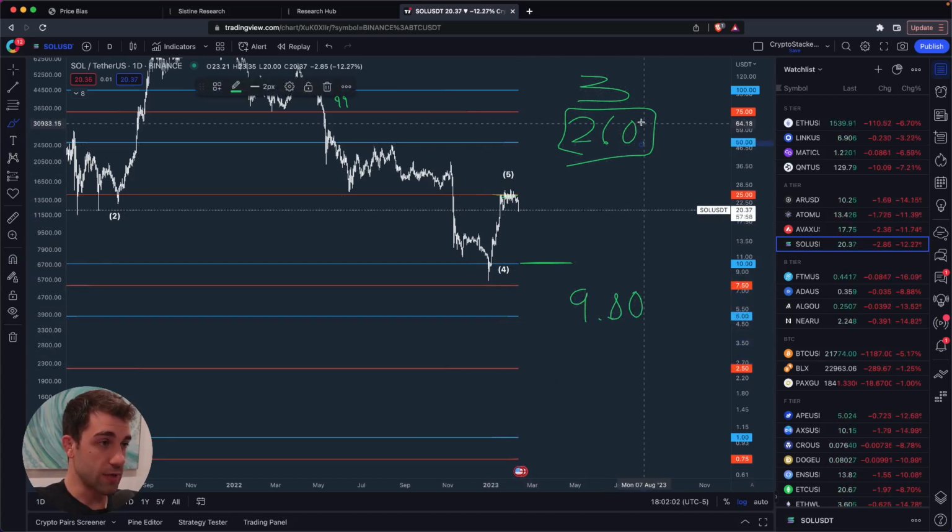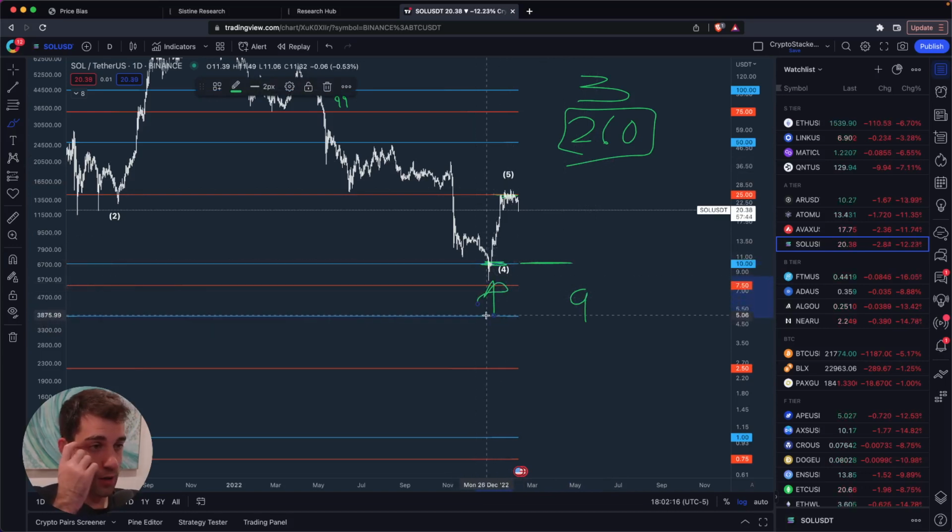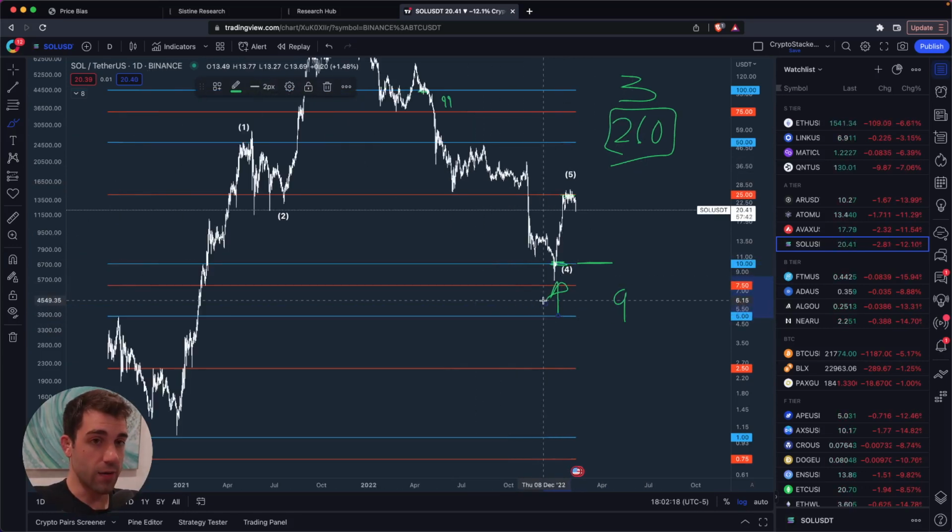So you could say it's going from 5 digits to 3 digits, or just to the left of the decimal, it's going from 3 digits to 1 digit, right? So anything under $10, people feel extraordinarily confident psychologically buying Solana there because it's cheap. It is very, very cheap there.